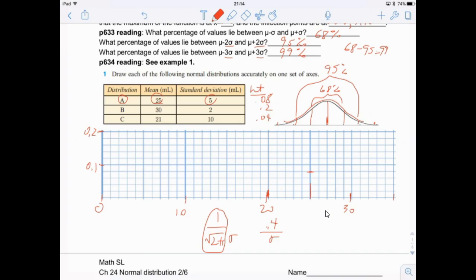Then the standard deviation is 5, so most of the data is here within 5, and then it gradually moves out. Here's 1 standard deviation out, here's 2 standard deviations out, and here's 3 standard deviations out. Alright, so that is A.